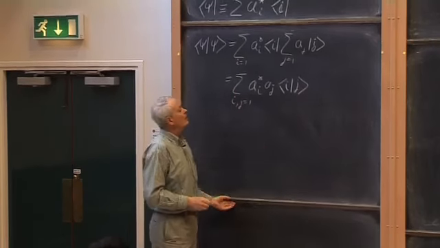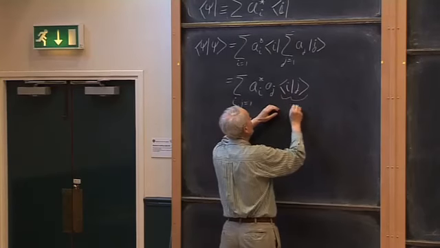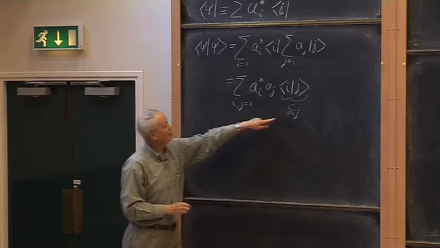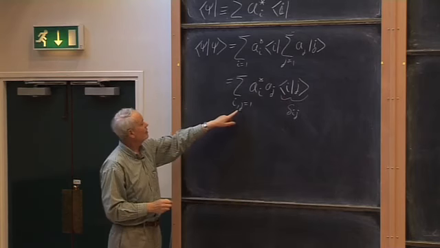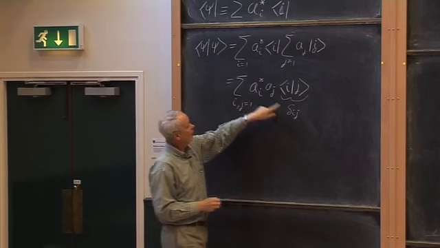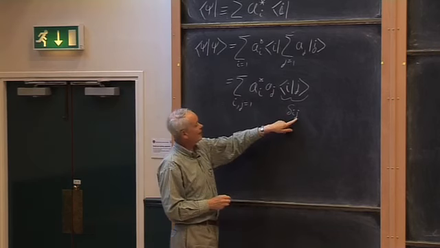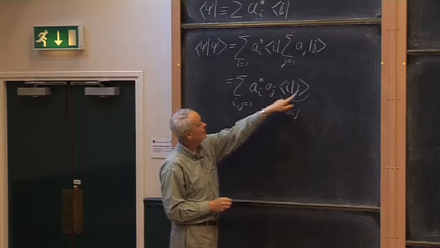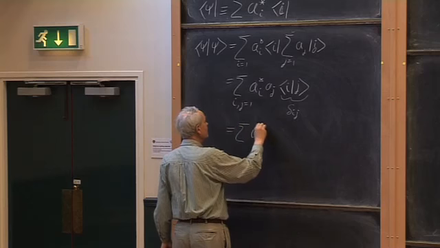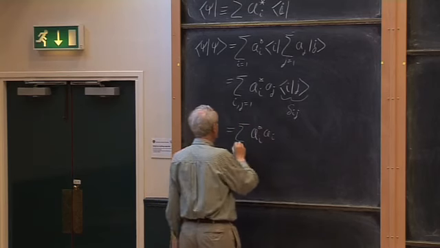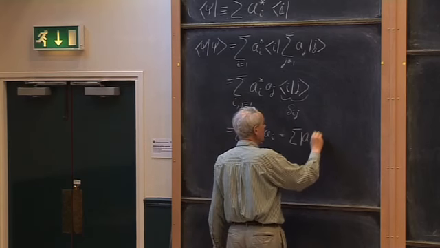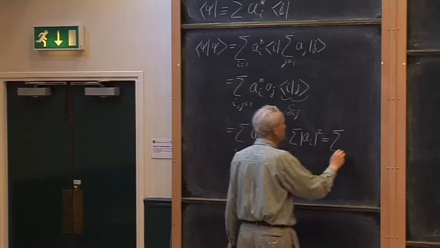And now I use the fact that this is, by definition of this function, delta ij, so it is nothing unless i equals j. So now let's do the sum over j, for example. As I do the sum over j, I will get nothing here except for that particular j which is equal to i, and then this will become 1. So this becomes the sum of a_i star a_i. In other words, it becomes the sum of |a_i| squared.